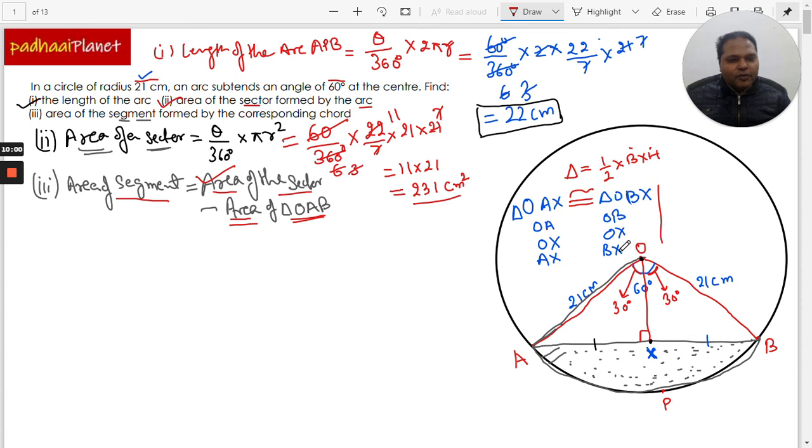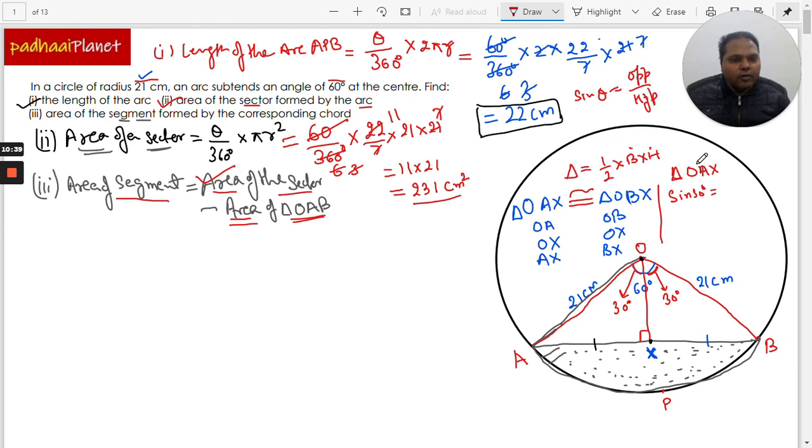Let's consider triangle OAX once more. In this we will write sine 30 degrees. Sine theta is always equal to opposite upon hypotenuse.